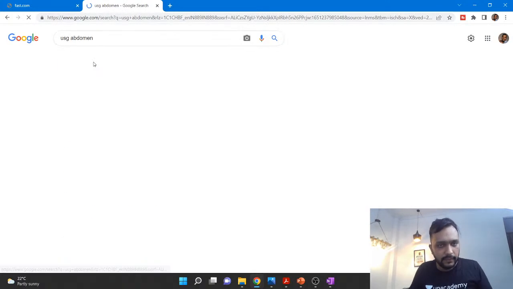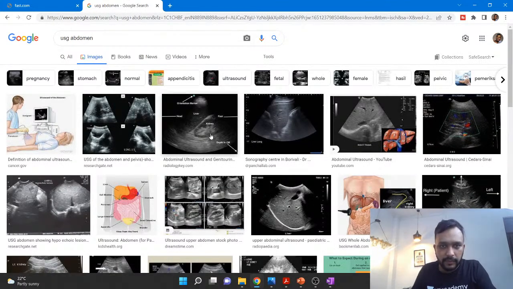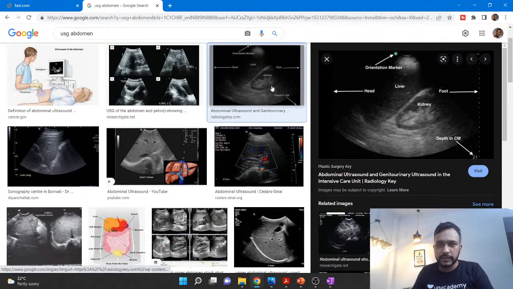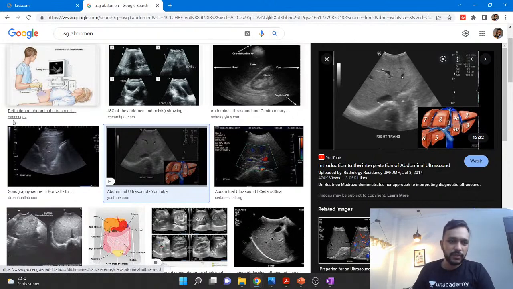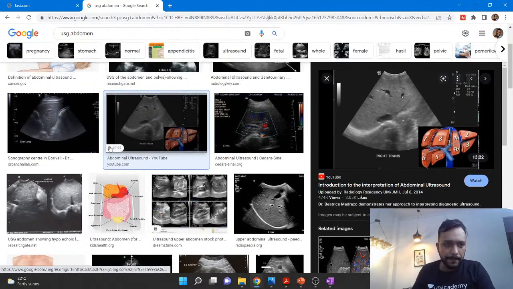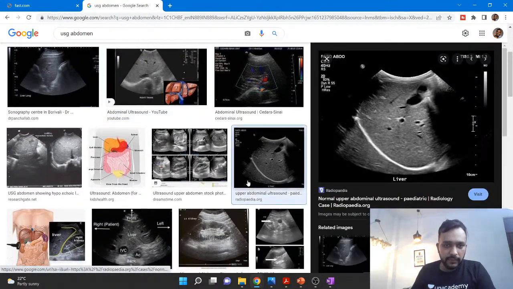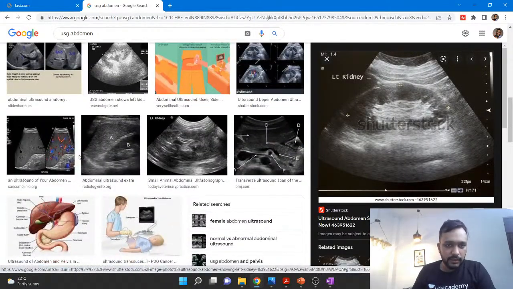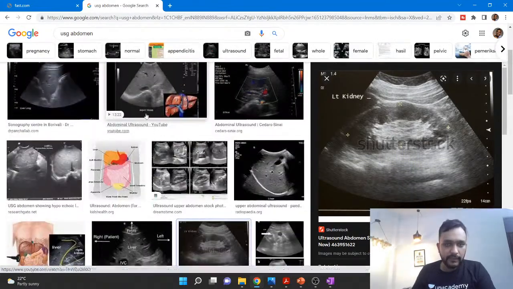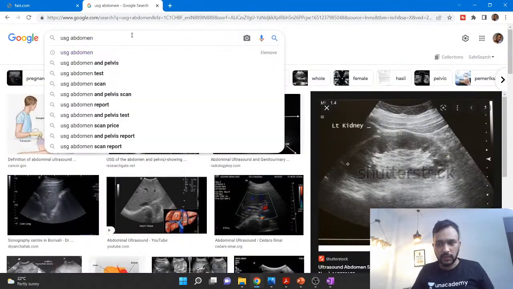So guys, if we have a look at these ultrasound abdomen images, this is how your liver is going to look. And this is how your kidney is going to look on an ultrasound, right? And let us have a look at the image of the gallbladder as well.